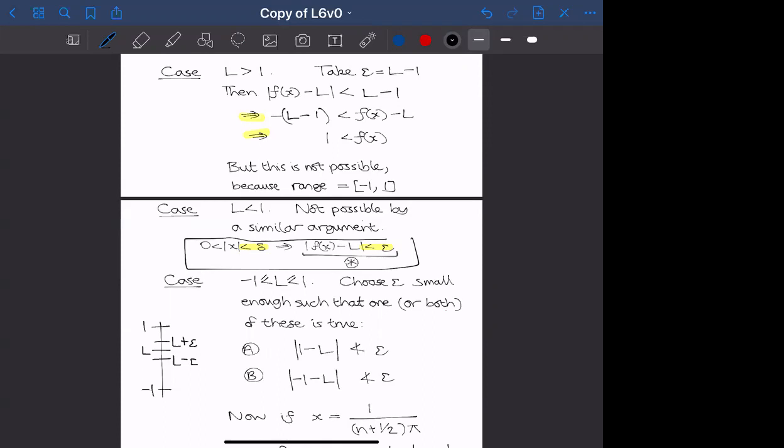So we can always choose epsilon such that one of these is true. We can't always choose epsilon such that both of these are true.